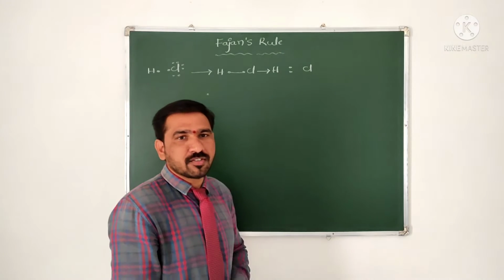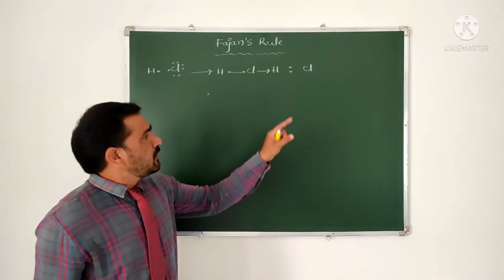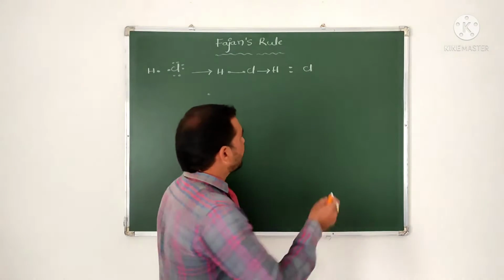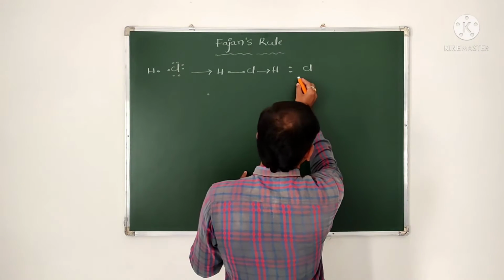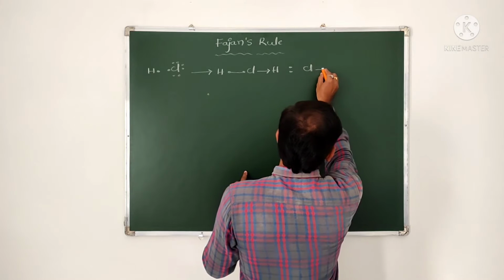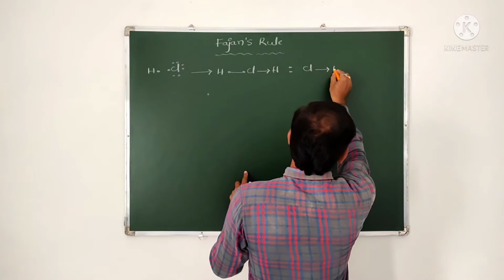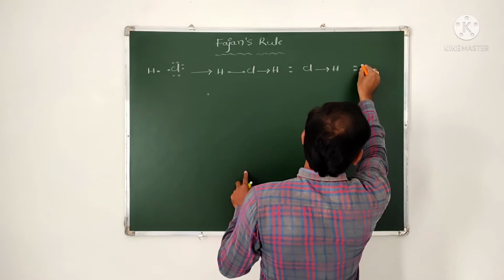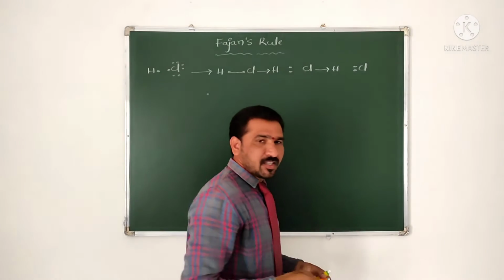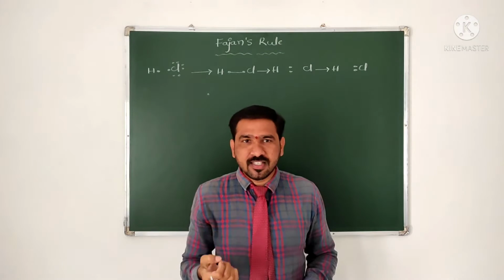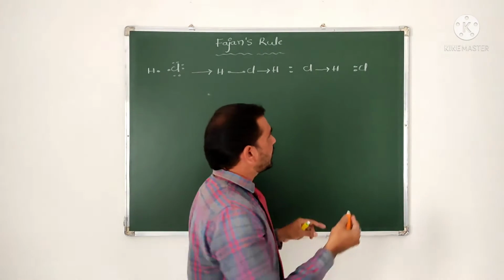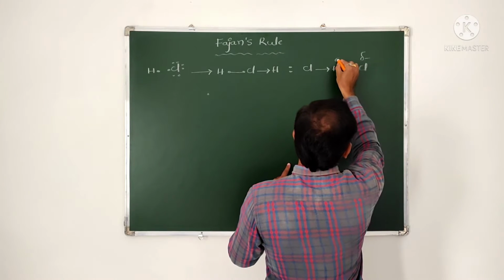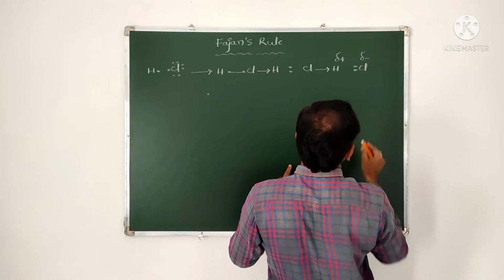But later, after some time, what happened here? Chlorine is a more electronegative atom than hydrogen, so the covalently bonded electrons slowly move towards the chlorine side, right? By this, chlorine gets more electron density, so it gets a partial negative charge, and the opposite one gets a partial positive charge.